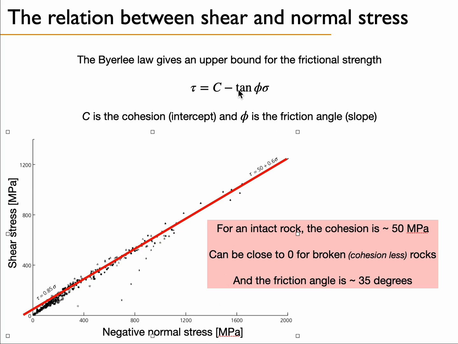So tangent phi will be the slope of this line. For an intact rock, the cohesion is 50 megapascal. For a broken rock which has lost cohesion, it goes close to 0. And the friction angle is about 30 to 35 degrees.